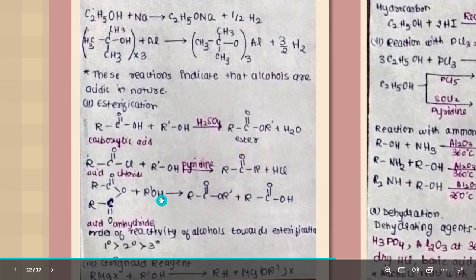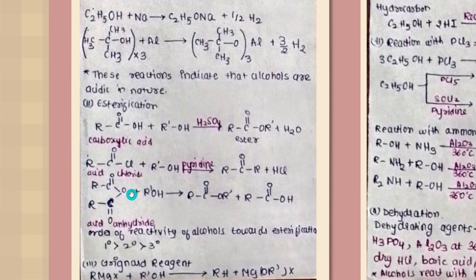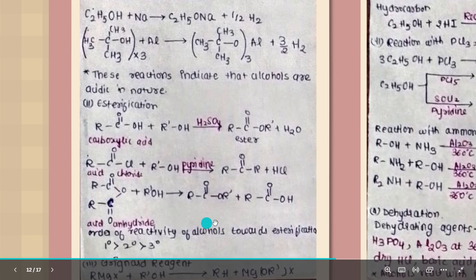Further, when I react acid anhydride, as you can see the structure here, RC double bond O attached through O with C double bond O R, plus alcohol, it will give me RCOOR, again an ester, plus RCOOH, carboxylic acid. The order of reactivity of alcohols towards this process of esterification is primary greater than secondary greater than tertiary.